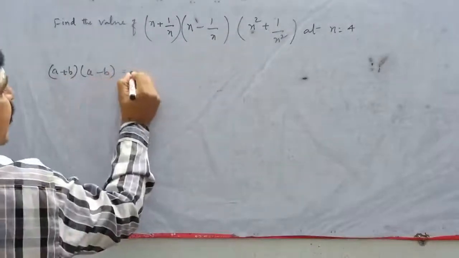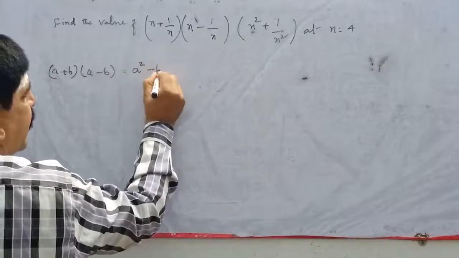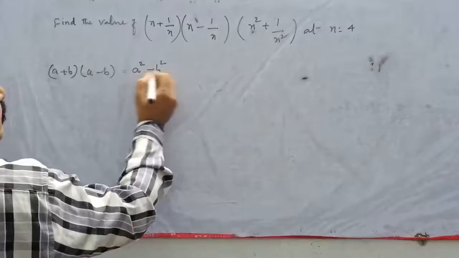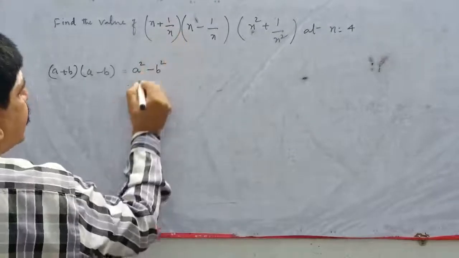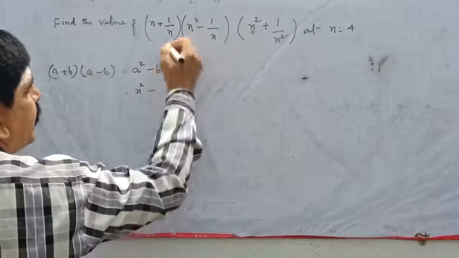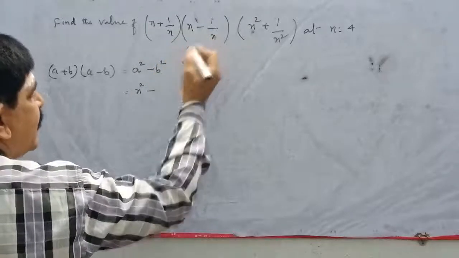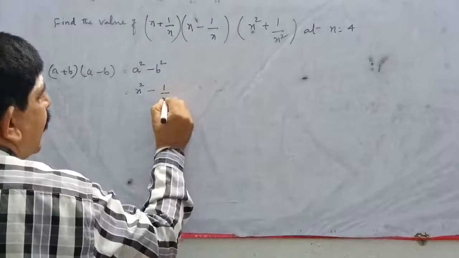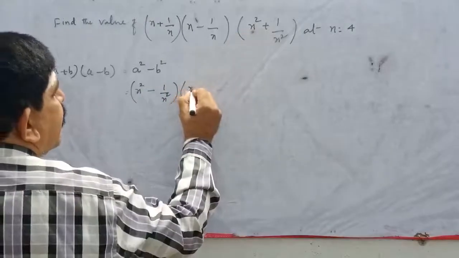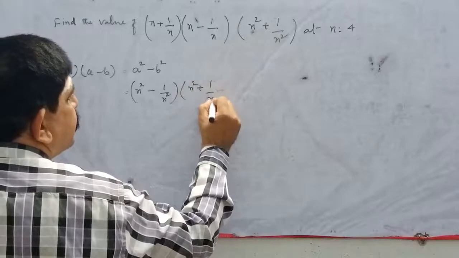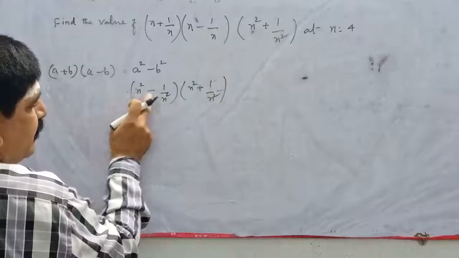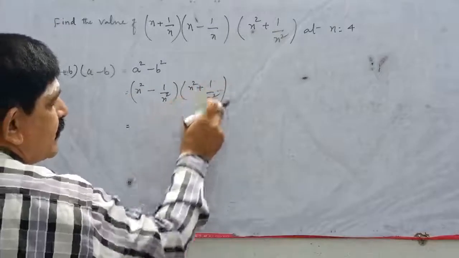So that is a square minus b square. Here a is n, so a square is n square, and b is 1 by n, so b square is 1 by n whole square, that is 1 by n square. Next term n square plus 1 by n square.